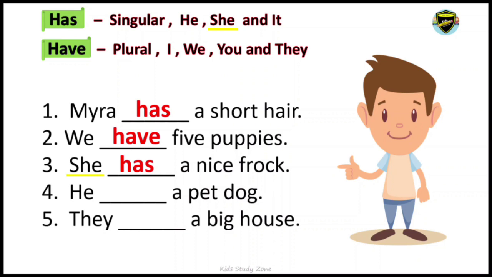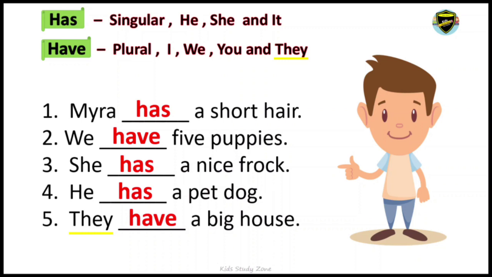He. We can see he in the rule box. With he, we will be using has. He has a pet dog. Let's see the next one. They dash a big house. They. We can see they in the rule box with have. They have a big house.